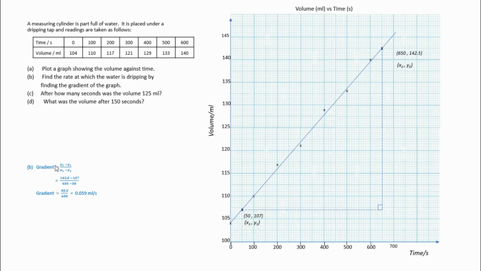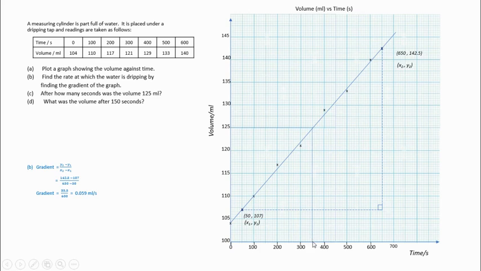Okay. For part C, we're now going to use this graph to answer the question: after how many seconds was the volume 125 milliliters? Since the graph already shows us the relationship between the volume and the time, we're going to just look at the volume of 125 milliliters and see where that meets our line of best fit and read the time from that.